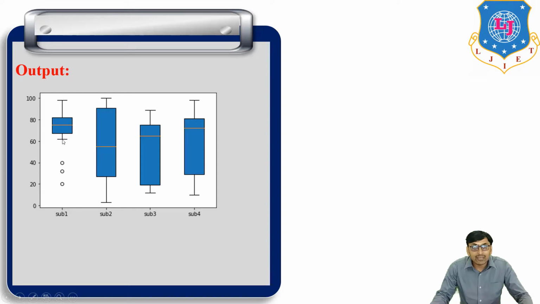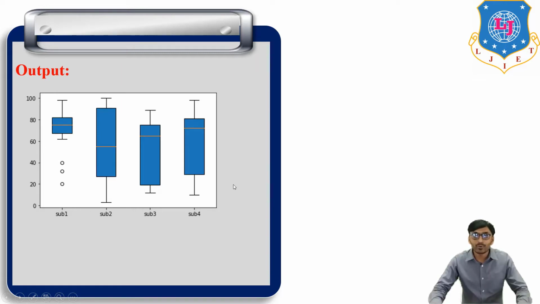The lower line represents the minimum value, the top one is the maximum value. The lower line of the box represents the first quartile, the upper line represents the third quartile, and this is the median, 50 percent. So this is Q1, this is Q3 and this is the median, and this is minimum and this is maximum.